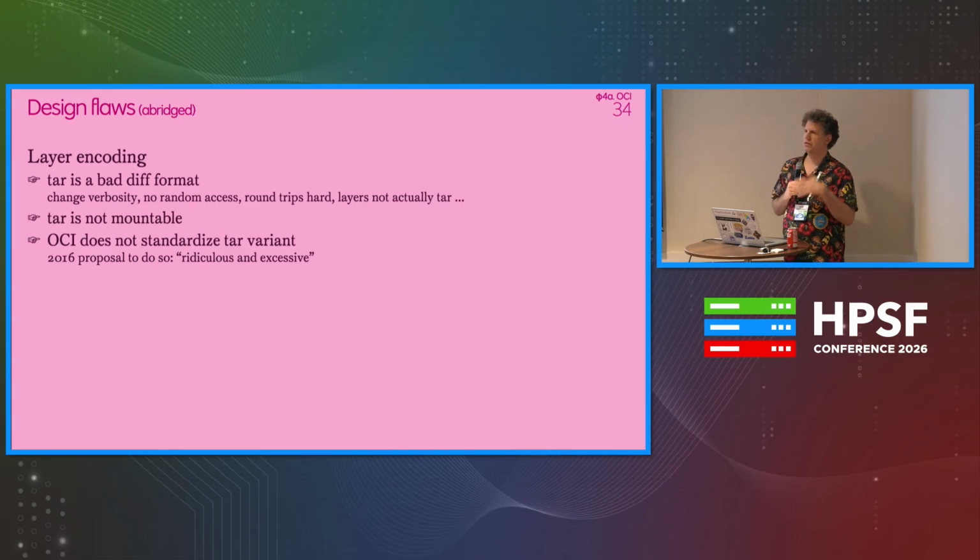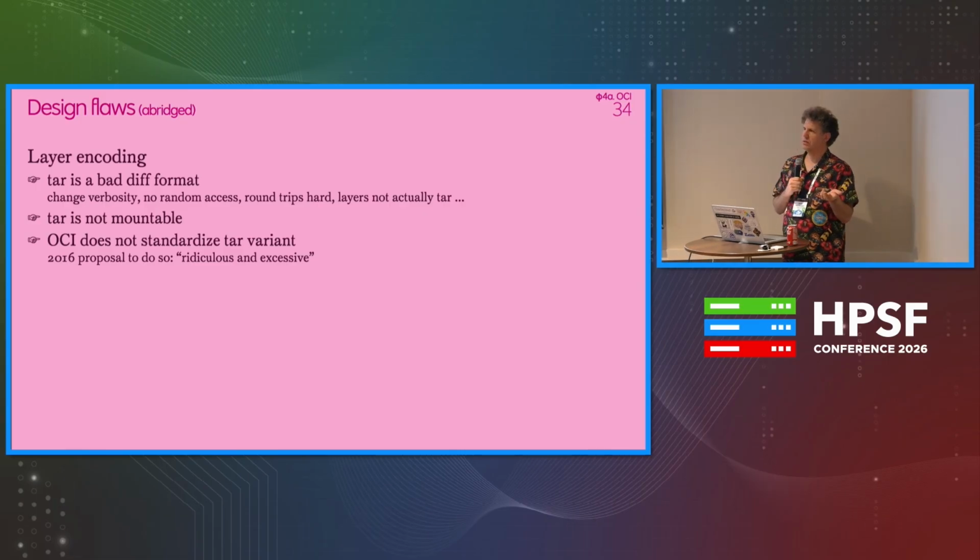It's very verbose. The granularity of a change is a file, no matter how large that file is. You can't get random access into a tar because it has no index. You can't pack and unpack a tarball, or you can, but it's very hard to get it to be bit identical. OCI is all about hashes, so in order to work, it has to be bit identical. The layers are also not even plain tar. They're tar with a little extra special sauce on top, specially named files to indicate deletion, called whiteouts.